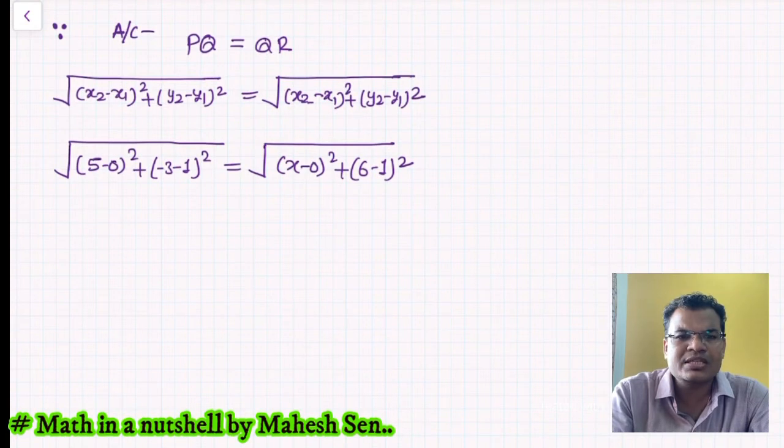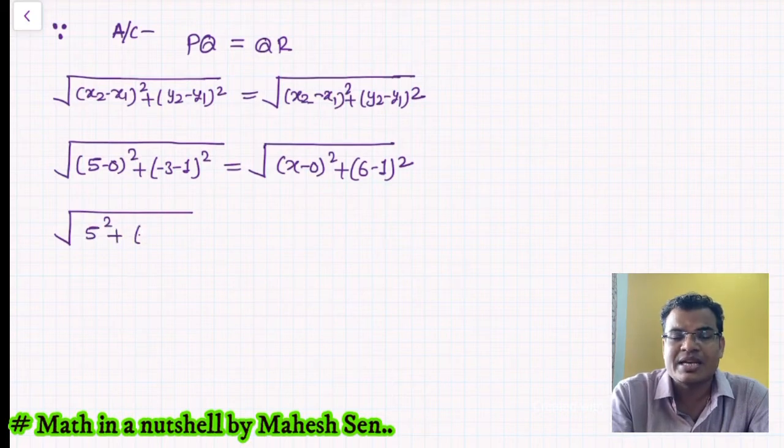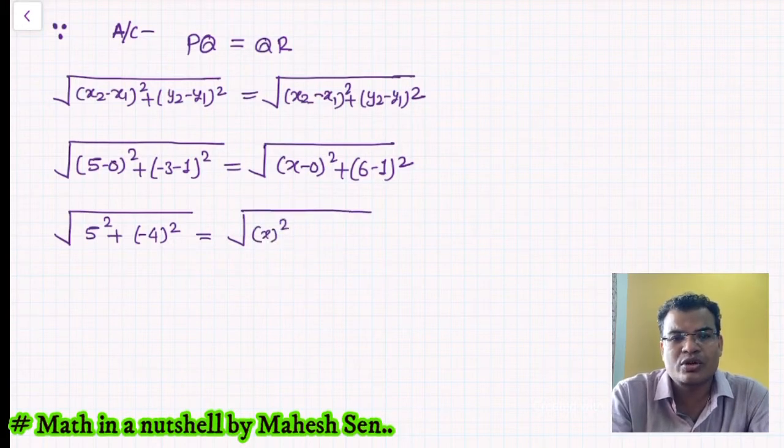If I solve this, you are familiar with this: under root, 5 minus 0 whole square, I will write 5 square, plus minus 3 minus 1 is minus 4 whole square, equal to x minus 0, that is x square only, plus 6 minus 1 is 5 square.